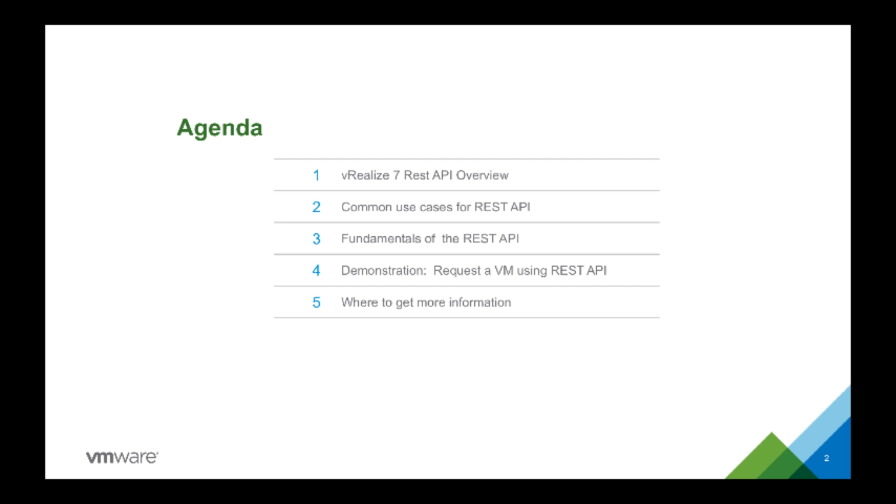And then I'll be doing a live demonstration of how to actually invoke a request of a virtual machine from the API using a solution called Postman. And then I'll also give you some information about where you can go to get more information about the API, the documentation, as well as different ways you can invoke the API using the command line, using curl, for example.